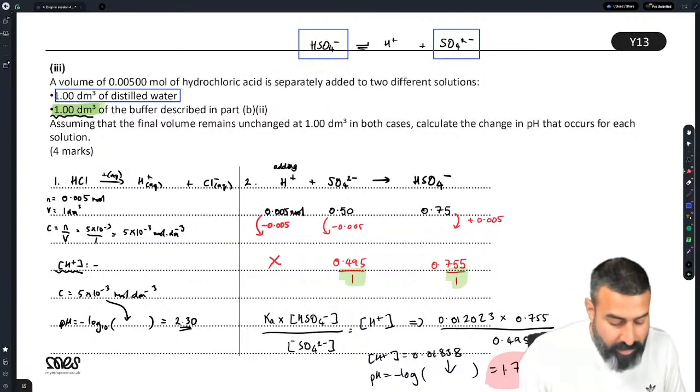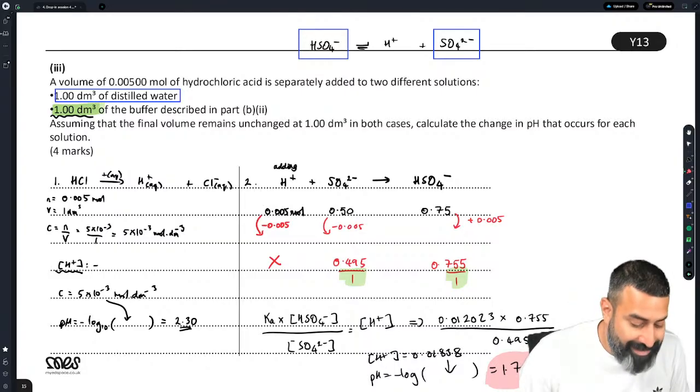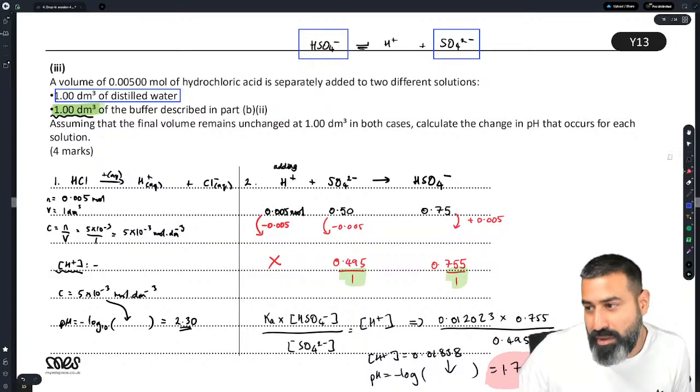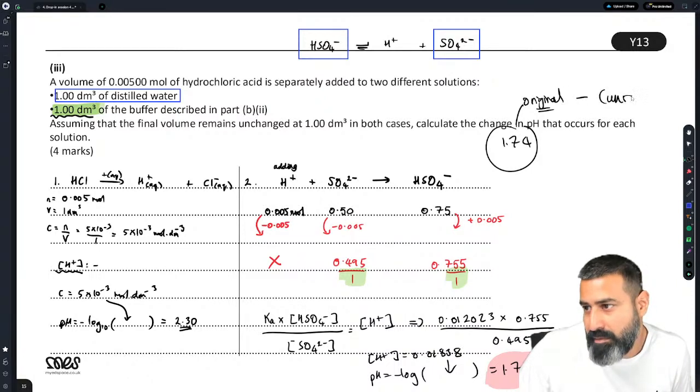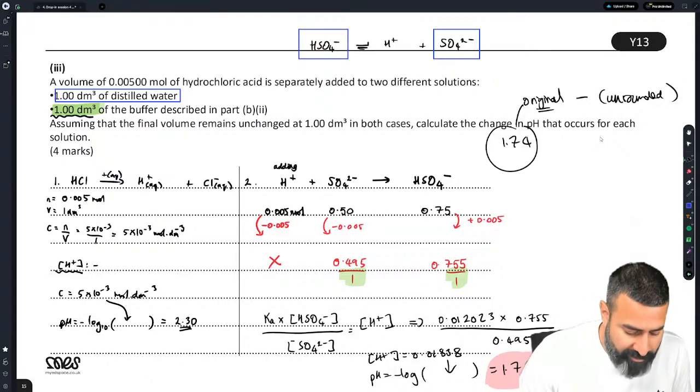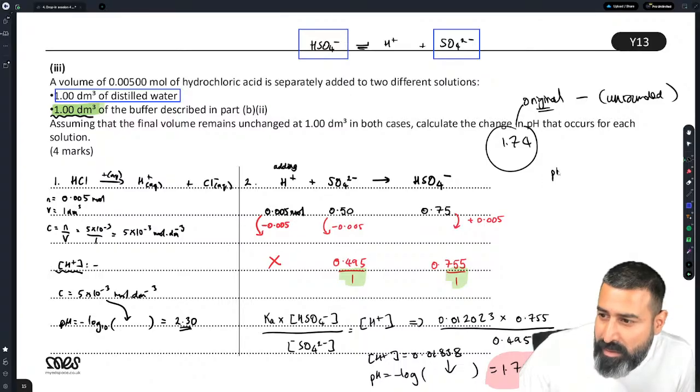Now, it does ask for the change. So technically, what should I do? 1.74 from the original value, take away your unrounded. So my unrounded was whatever the previous answer was, but it changes by about what?